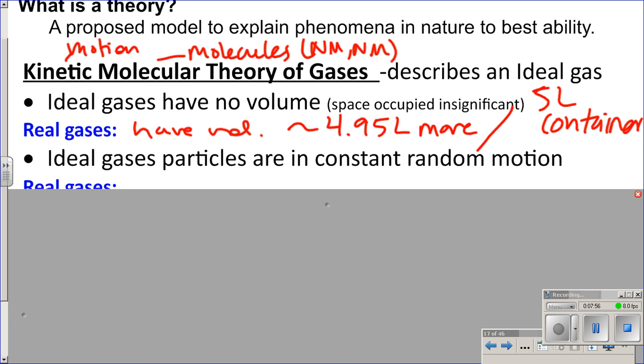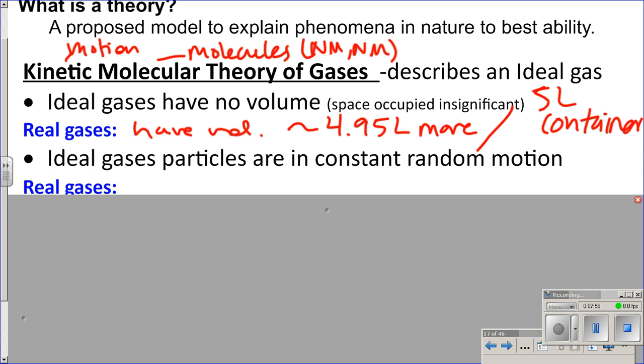Okay, so more ideal gases. Ideal gases are in constant random motion. And when they're in constant random motion, that means they do not interact with one another. So I'm going to put INTX, interaction.